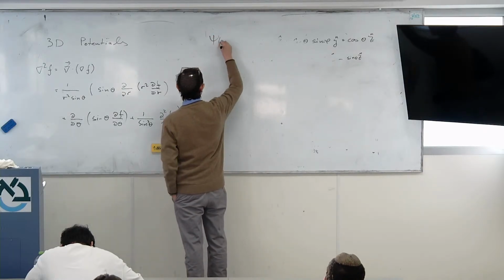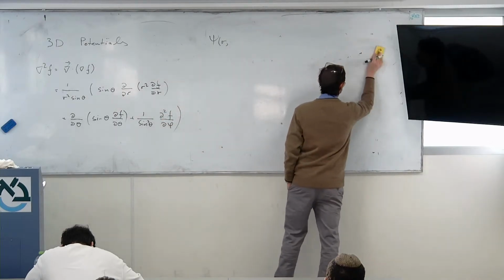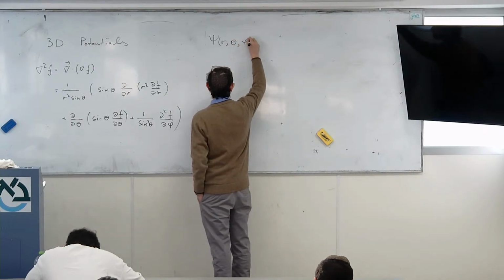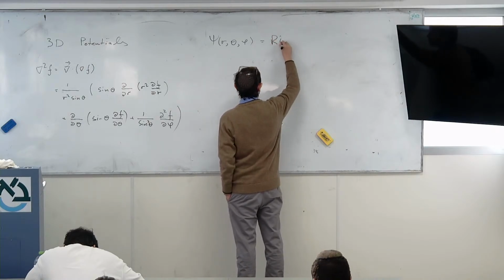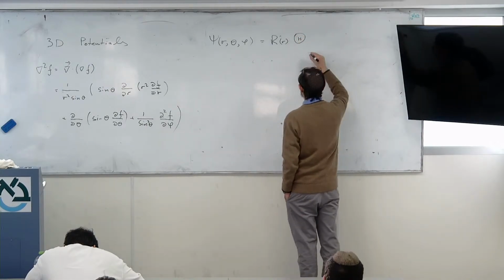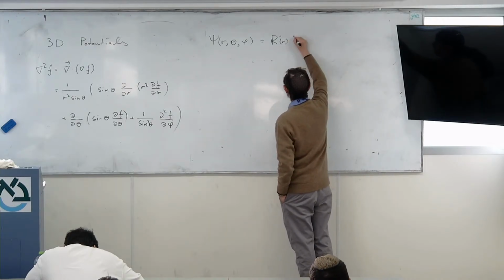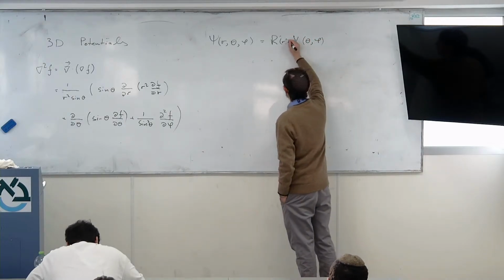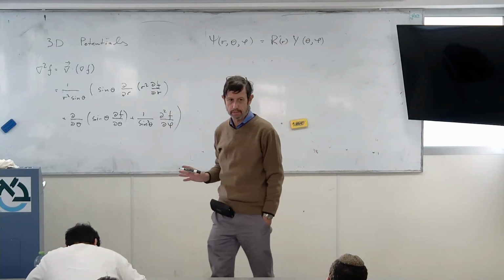So I have psi of r. It's the first step. I'm trying to separate the r from the theta and phi.